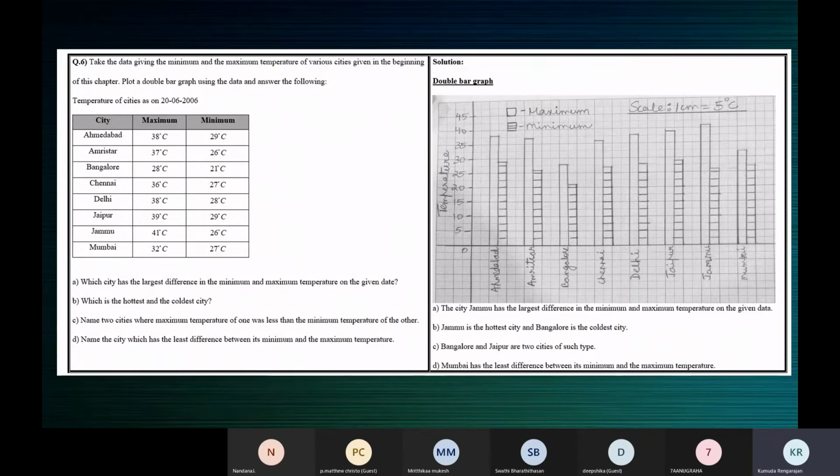We choose the scale depending on the values we have in the table. So the values are small. There is no value greater than 41. You can see. Which is the smallest value?